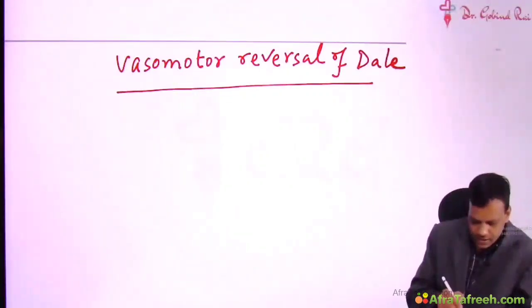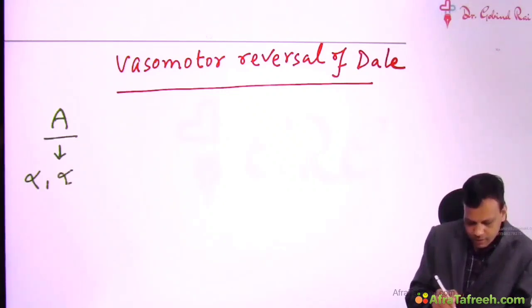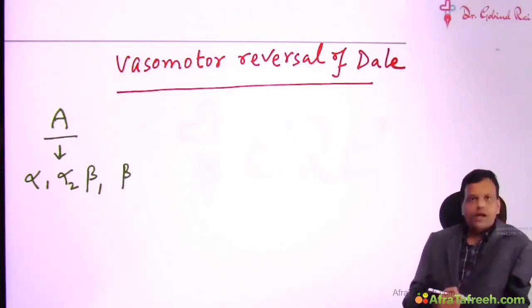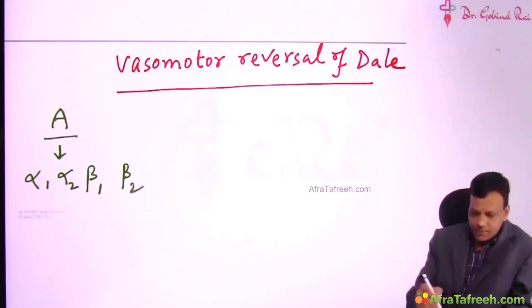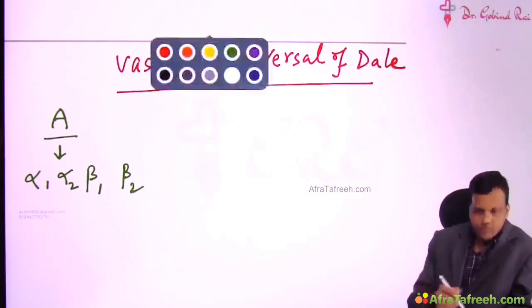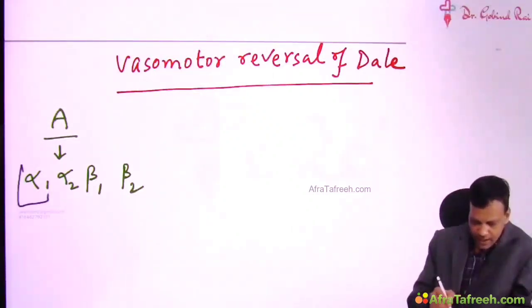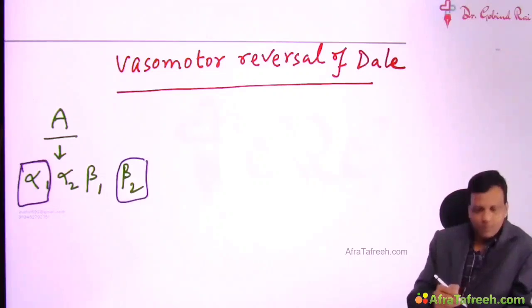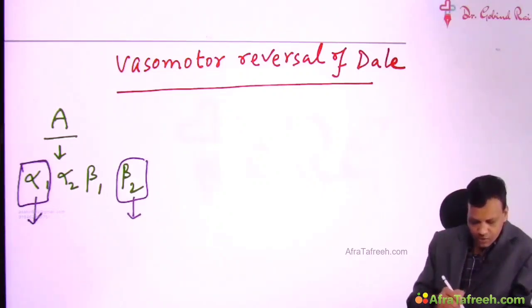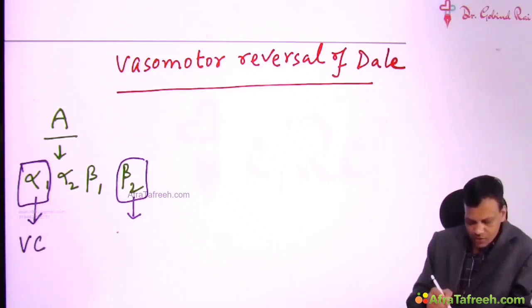We discussed it has action on 4 receptors: alpha 1, alpha 2, beta 1, beta 2. And out of these 4 receptors, which receptors are present on the blood vessels? Yes, alpha 1 and beta 2. And they have opposite effects. Remember, we discussed A, B, C, D. So alpha 1 will cause vasoconstriction and beta 2 causes vasodilation.